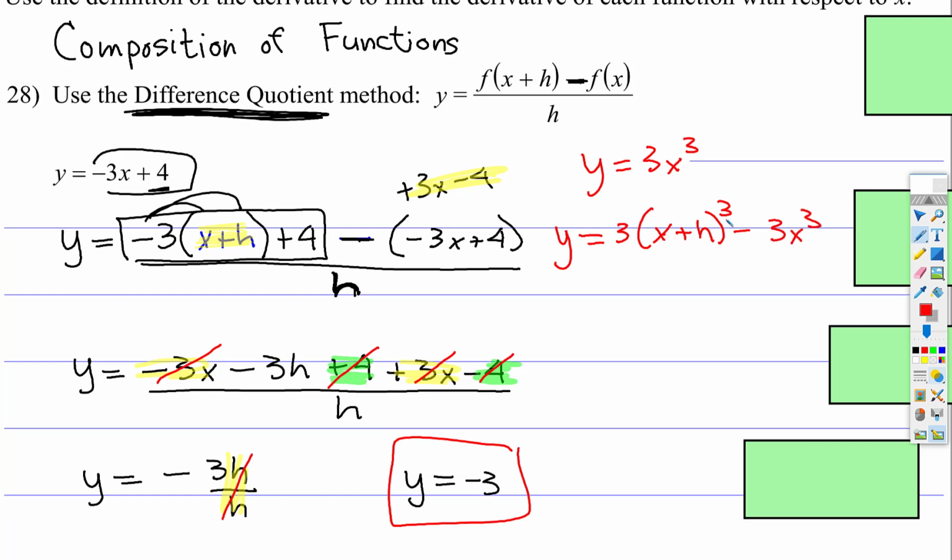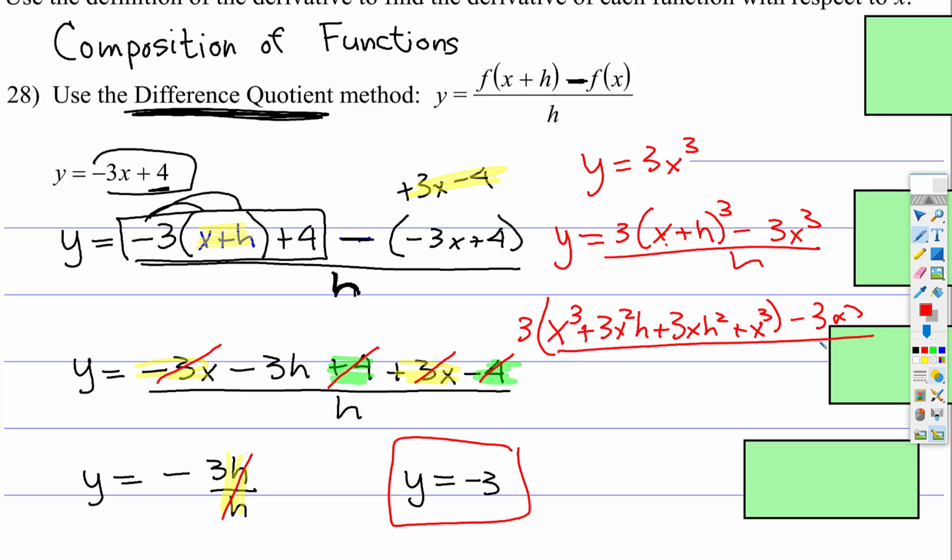Remember, a binomial cubed, this whole phrase would become x cubed plus 3x squared h plus 3xh squared plus h cubed, subtract 3x cubed, and all of that would be over h.